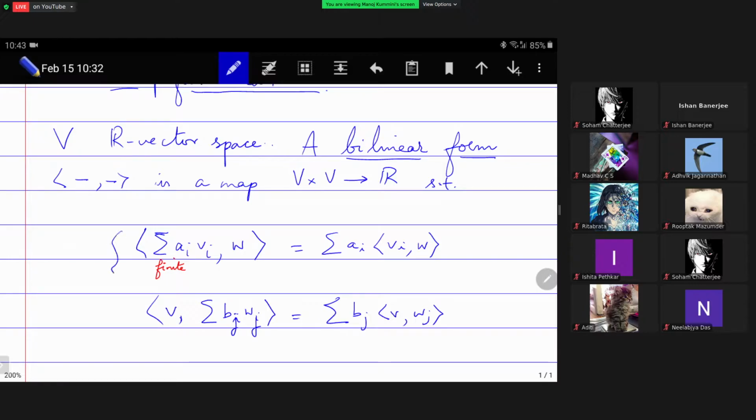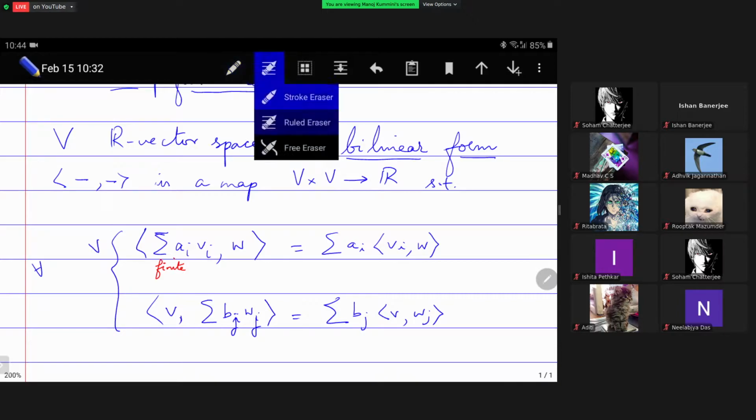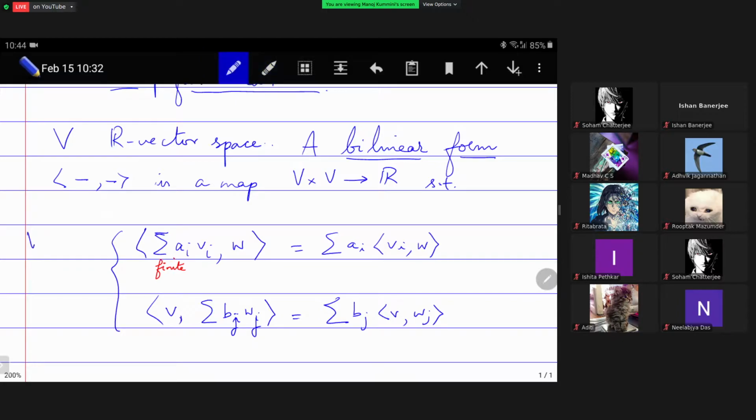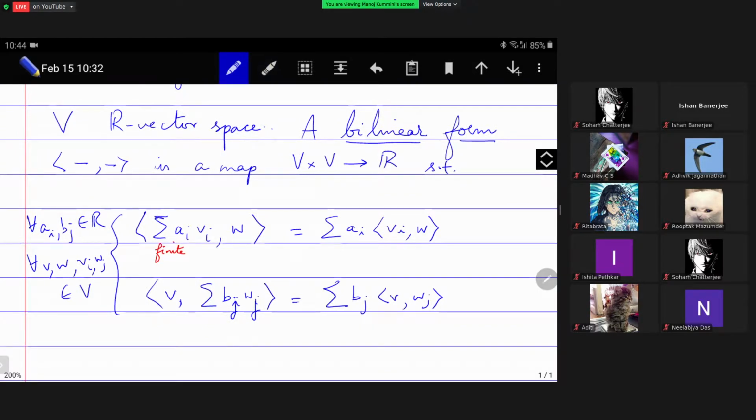So this is true, where the a_i and b_j are from R, so they are just linear combinations, for all a_i and b_j from R, and for all v_i and w_j in V. So that's why it's called bilinear. If you fix one factor, the function is linear on the other factor.